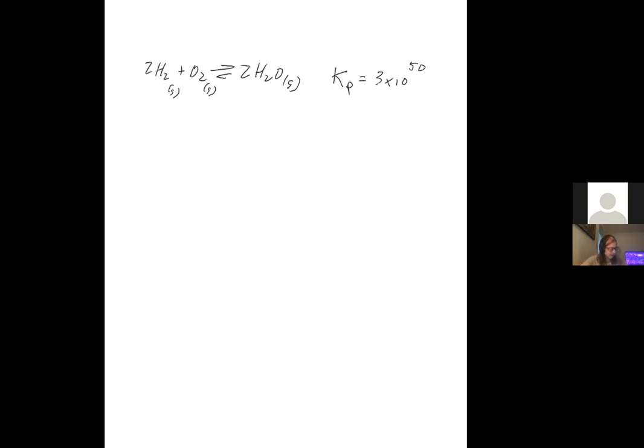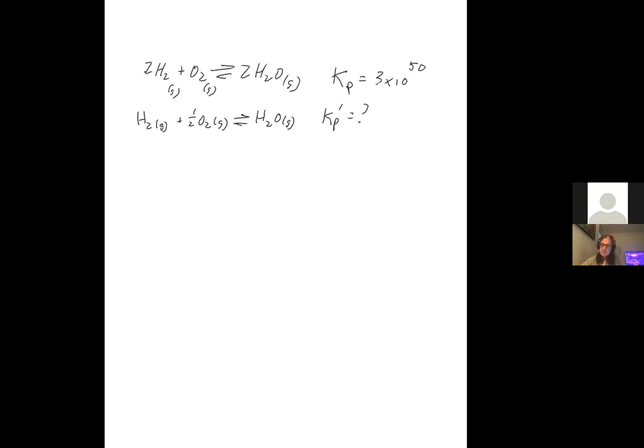Suppose that I divided everything by 2 or multiplied by half. So suppose I had H2 plus 1/2 O2 goes to H2O gas. Okay, so I've multiplied everything by half, right?